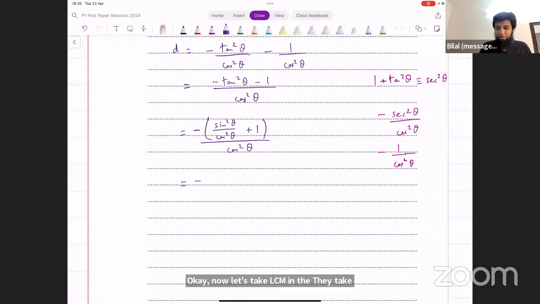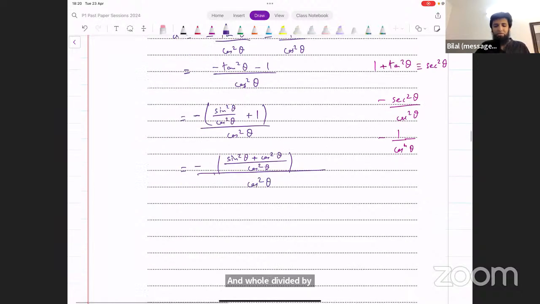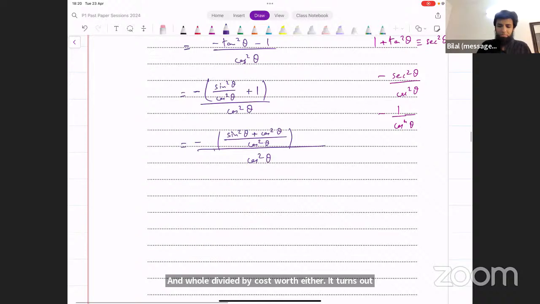Okay, now let's take LCM in the numerator. What does that give us? Sine square theta plus cos square theta divided by cos square theta, and whole divided by cos square theta. It turns out this was also not that long. Because now we've got in the numerator sine square theta plus cos square theta.